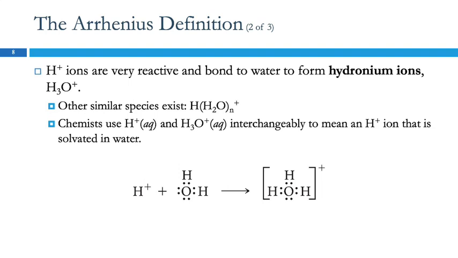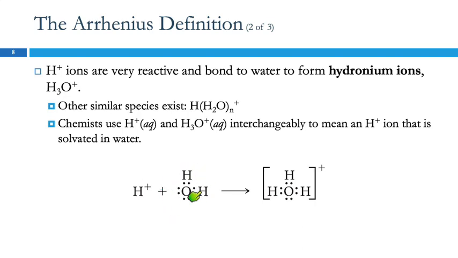We're done with that. So we often use H+ and H3O+ interchangeably, but we do that with the understanding that when we write the hydrogen ion by itself in an aqueous solution, it's not actually by itself. It's being held by a water molecule. And this is how that happens.